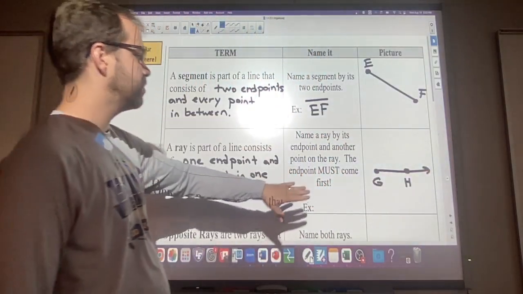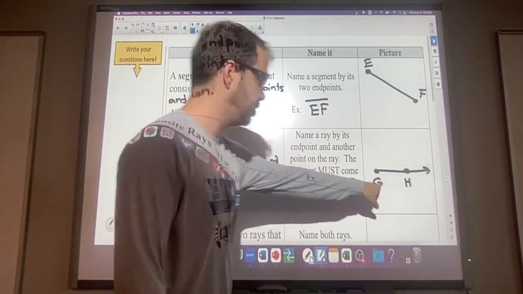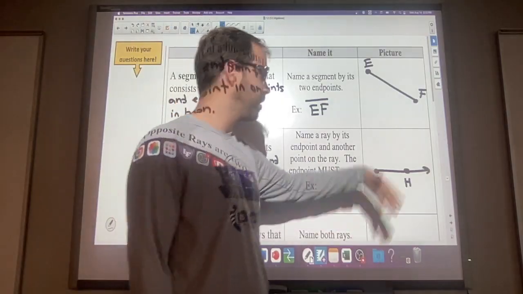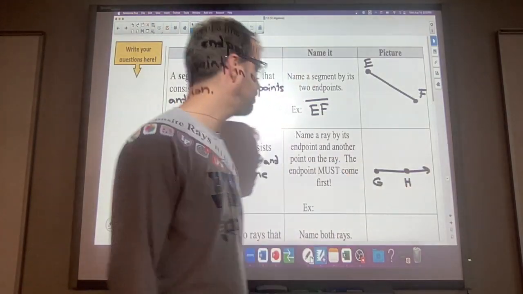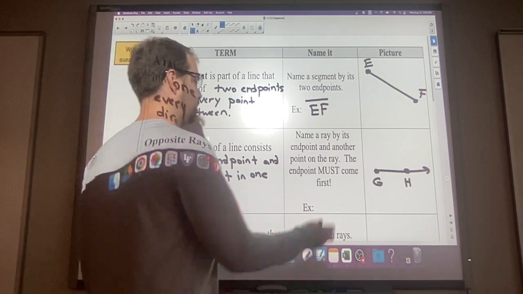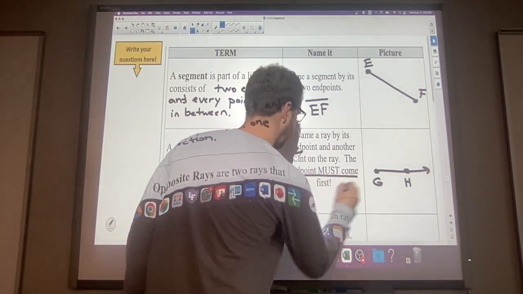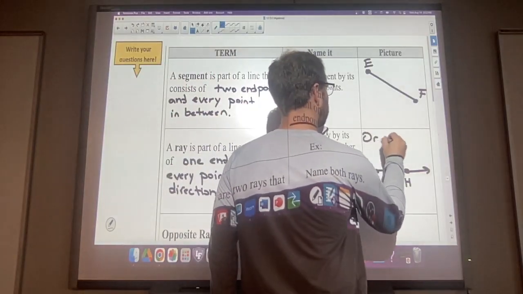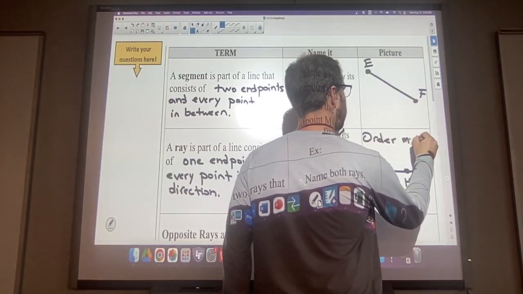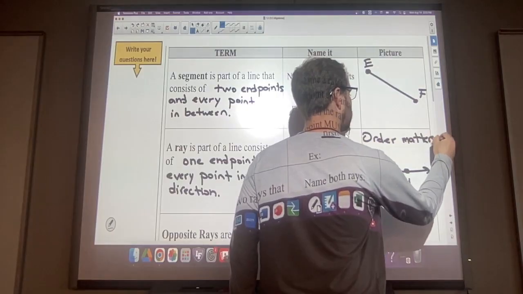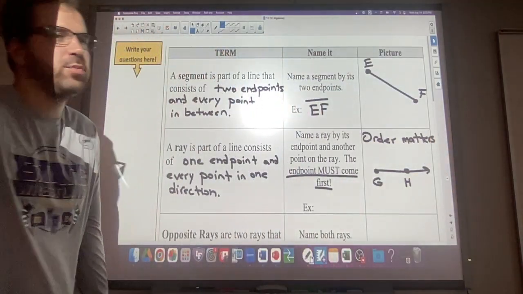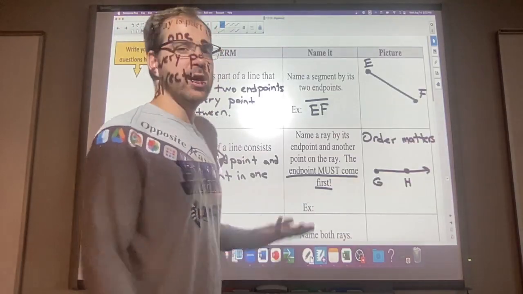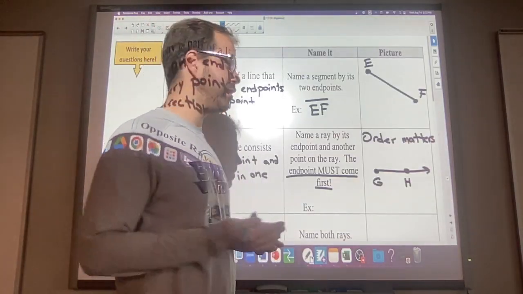In order to name this, we use its endpoint, G, because that's where it stops, and another point on the ray. It could be anywhere on it, call it H. Now, this is really important: the endpoint must come first. Order matters, you cannot switch up the order. Up until this point, you could switch up the order of the capital letters and it doesn't matter.